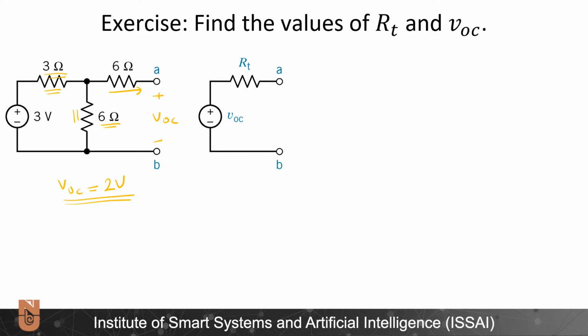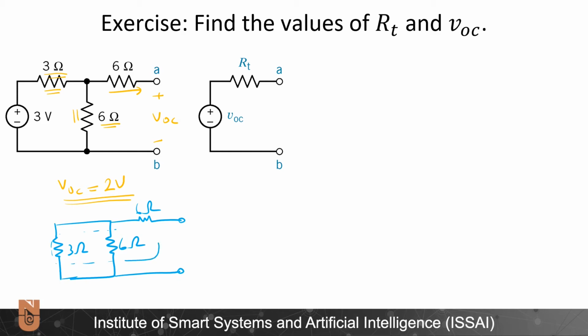Now I will reduce this circuit. For that I will draw 3 ohms, 6 ohms, and here I have 6 ohms again. Around these times, you need to have the ability to quickly recall what are the equivalent resistor values for some of the parallel resistances.